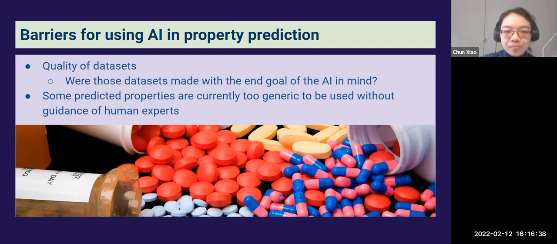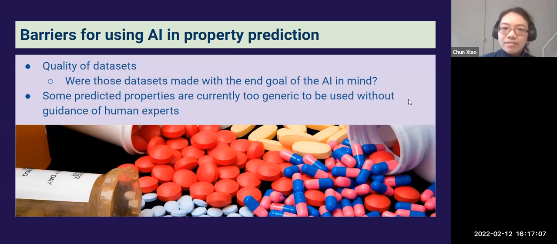So one thing that you might want to consider is whether or not the data sets were made with the end goal of the AI in mind. For example, on the previous slide, we talked about toxicology. So if you have a data set that is labeled with the toxic properties of a molecule, then the machine learning algorithm that is trained on that data set will be able to predict well whether or not a molecule will be toxic, because it is already labeled clearly in the data set.